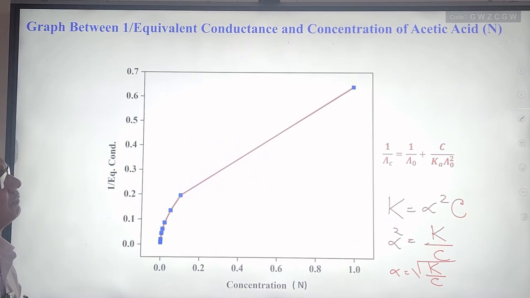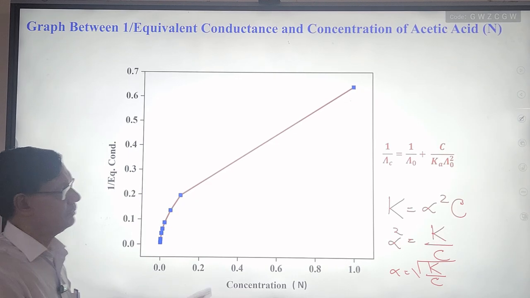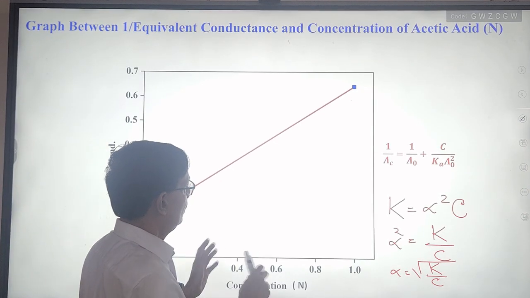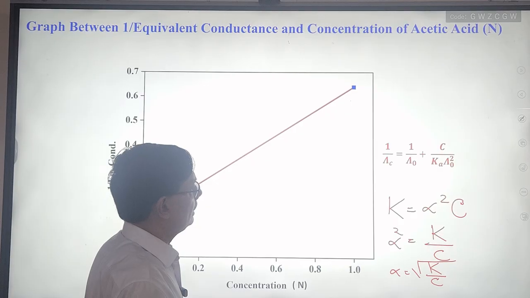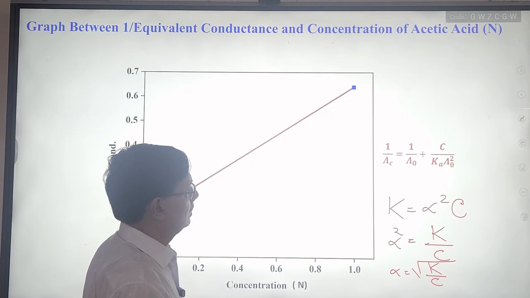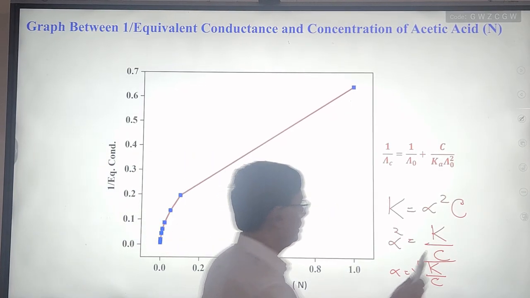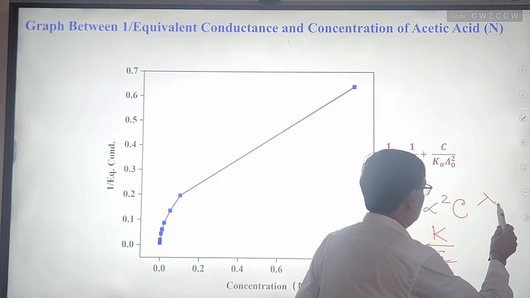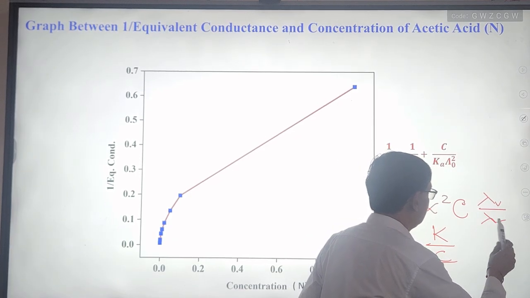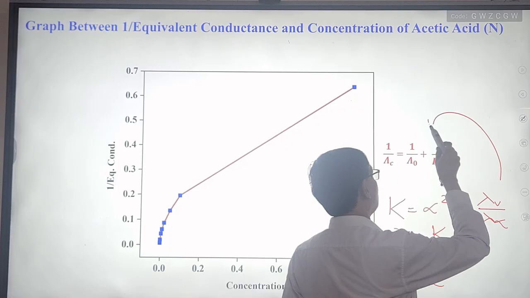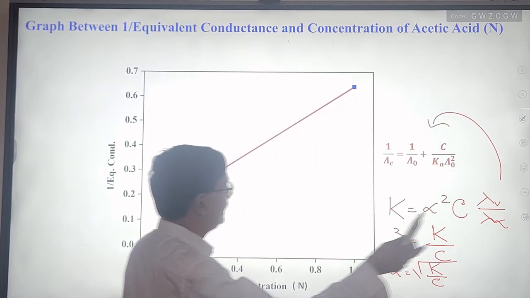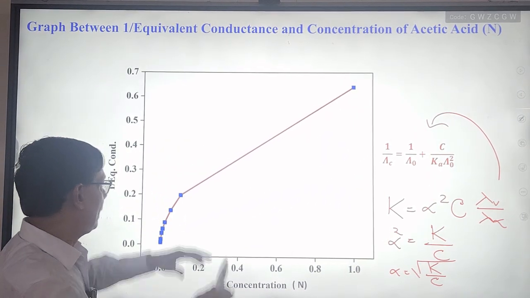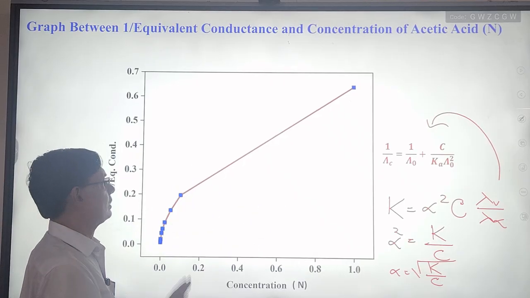Don't worry, because it is a weak electrolyte, 1 minus alpha may be neglected. To convert it into alpha, you know that it is equal to lambda V by lambda infinity. If I take the reciprocal of this plot to get a straight line, don't worry about the slope and intercept.